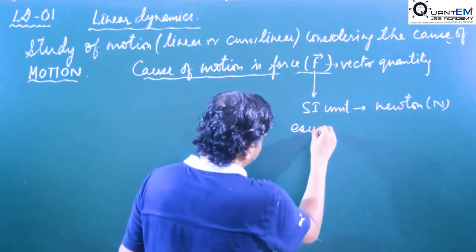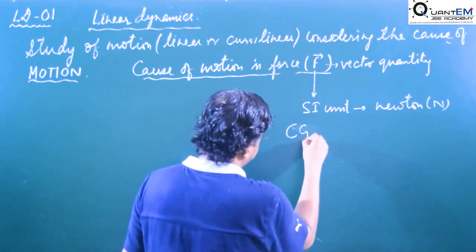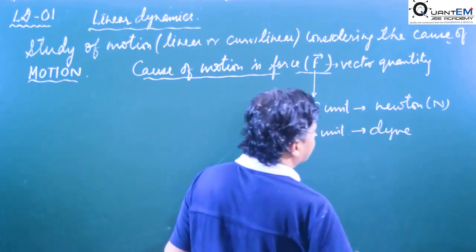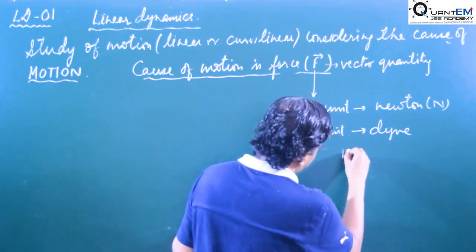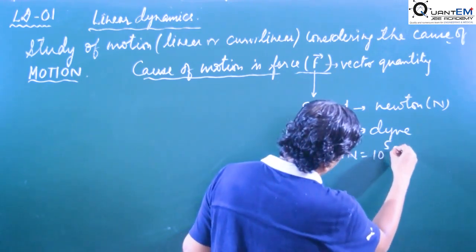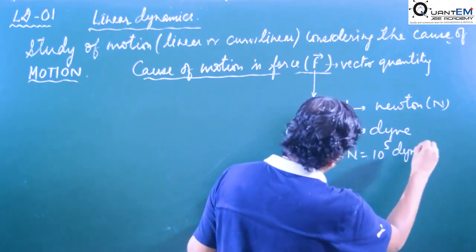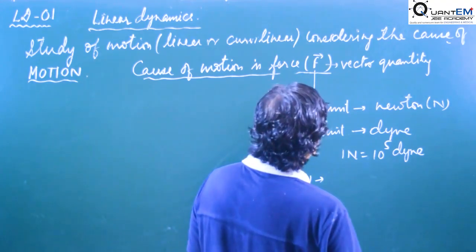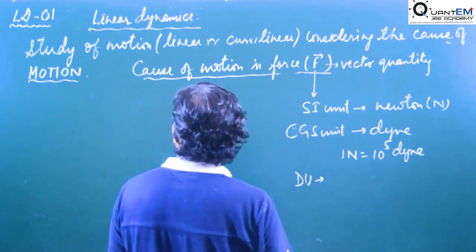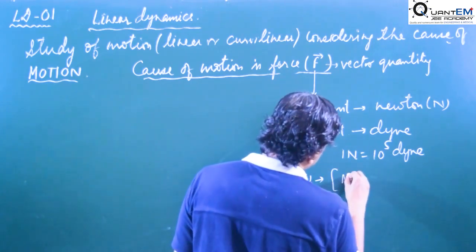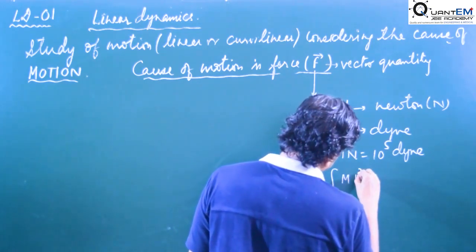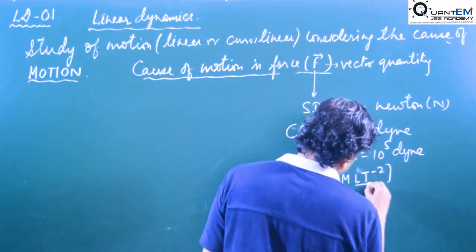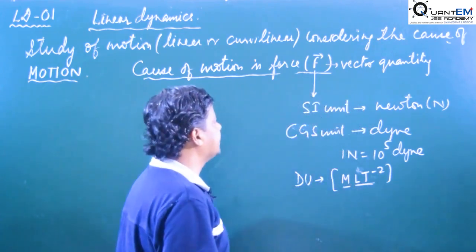The CGS unit of force, we have derived the result dimensionally, and 1 Newton is 10 to the power 5 dyne. And what about the dimensions of force? It is M L T minus 2. LT minus 2 is acceleration, and M is mass, so MLT minus 2.